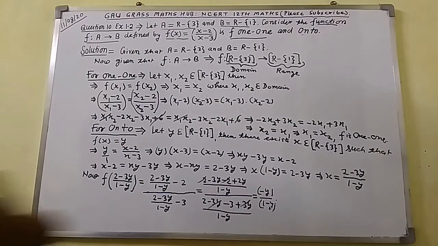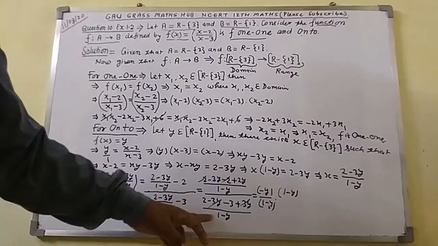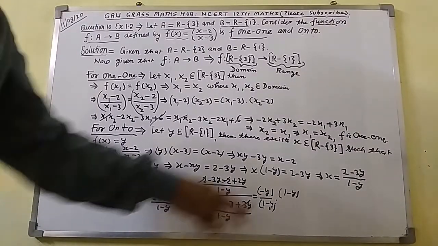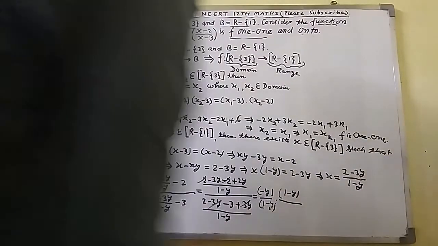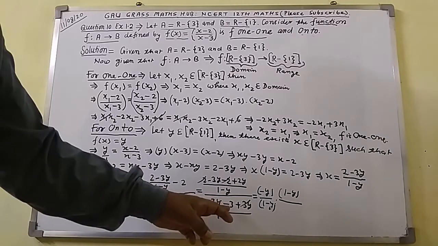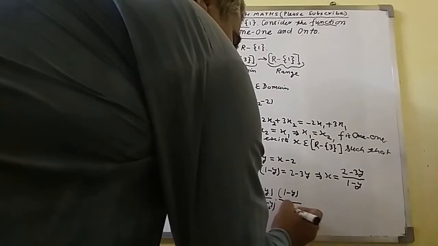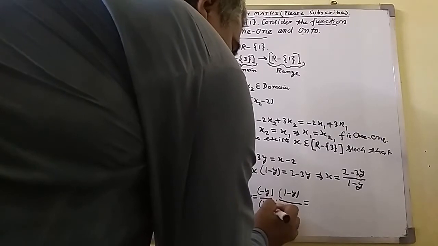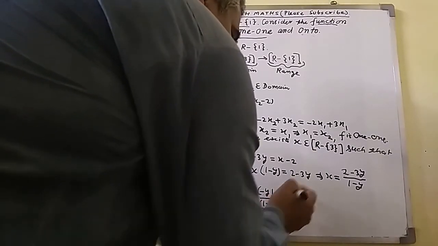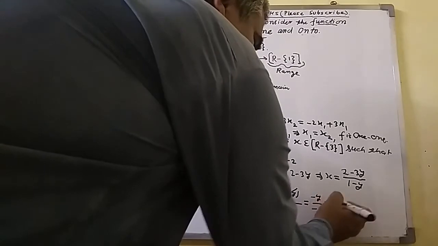So here you can write 1 minus y, because this denominator 1 minus y will become the numerator. Things will get multiplied here. Here you will get plus 2 minus 3, you will get minus 1. Now this 1 minus y will be cancelled out. Here you will get minus y over minus 1, you will get y.